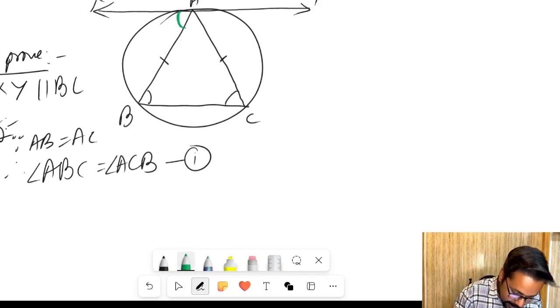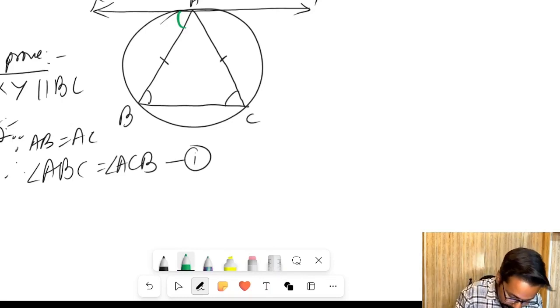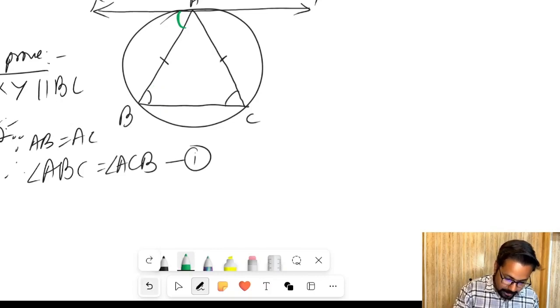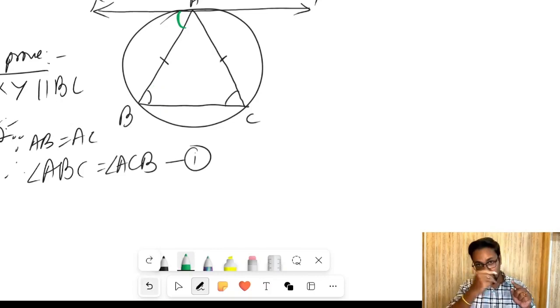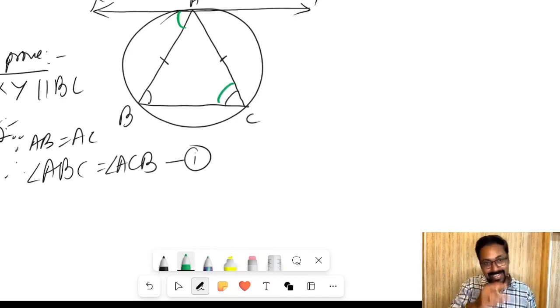Now coming on to the alternate segment theorem. Here angle XAB, the angle formed by tangent XY with chord AB, must be equal to angle ABC. Okay, I made a mistake: AB is forming a chord, so the angle is at C. So angle XAB should be equal to angle ACB.